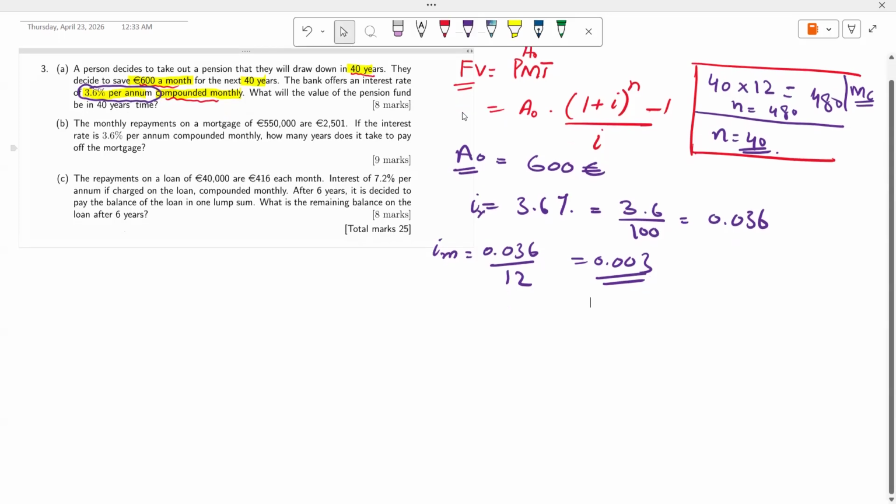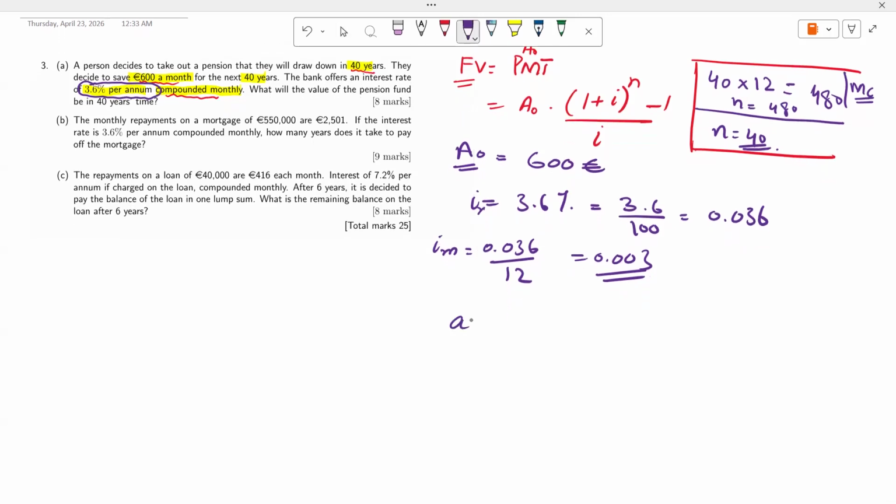So to find the future value, the answer to the first part would be 600 into 1 plus 0.003 to the power of 480 minus 1, divided by 0.003. Be very careful when you're substituting the values, because the formula is given in the exam paper.